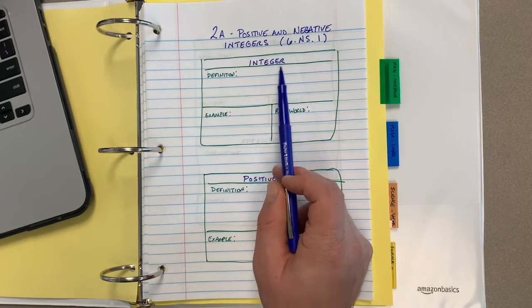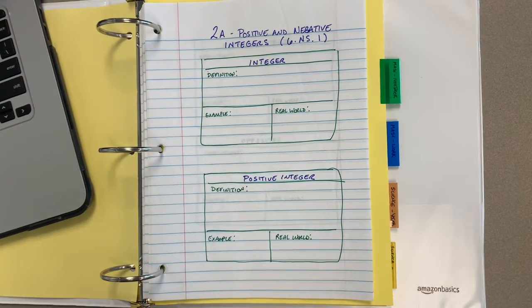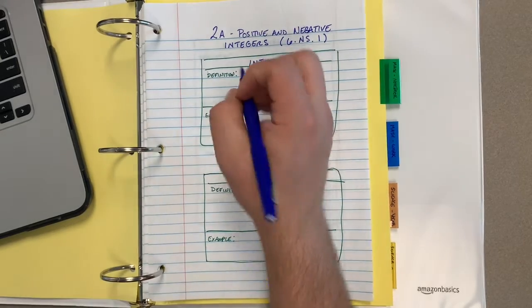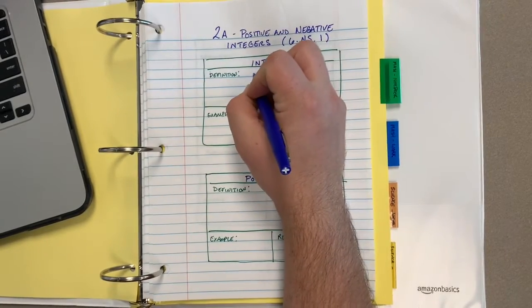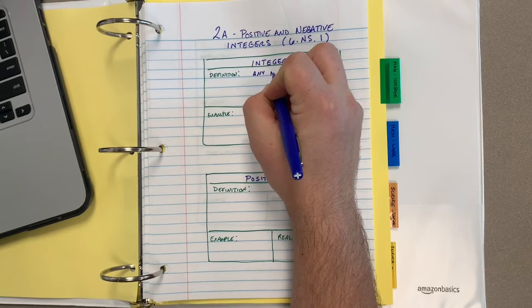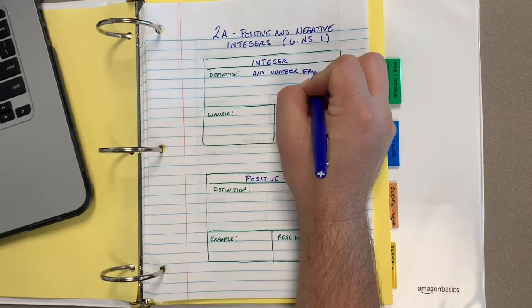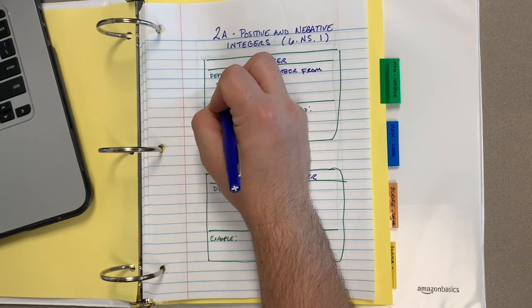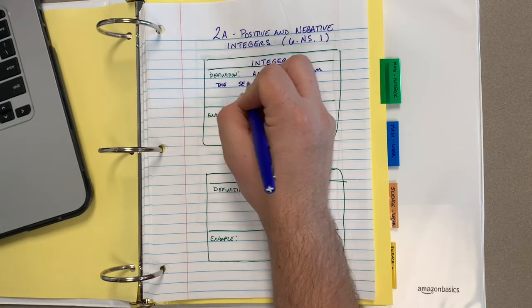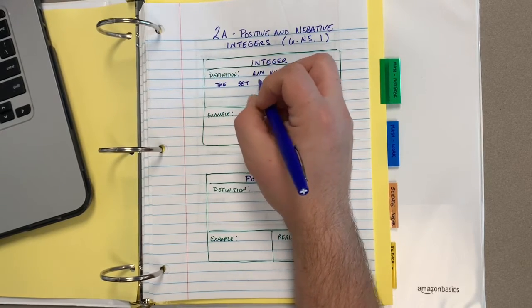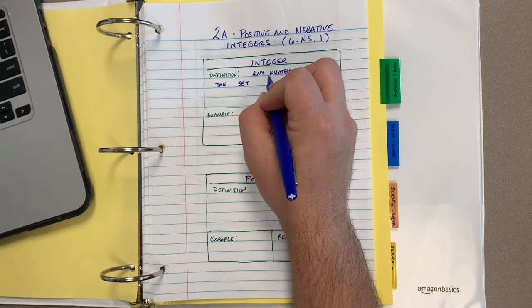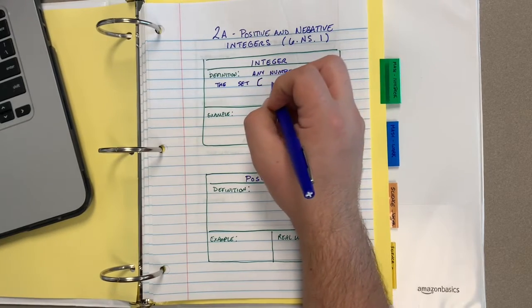I-N-T-E-G-E-R, an integer. And if I look that up in the glossary from our textbook, it says that an integer is any number from the set. It gives the example. So when you see a set, you're going to see some brackets.